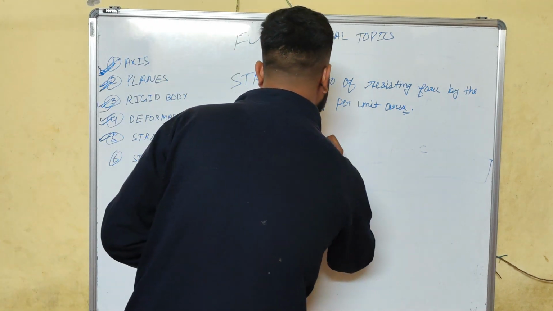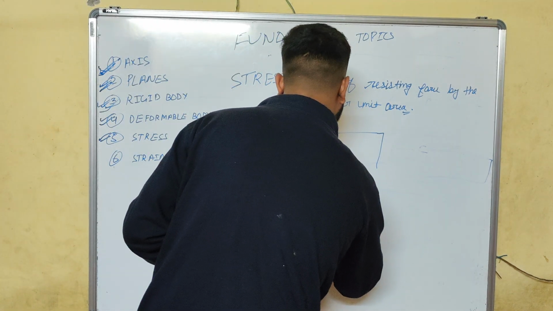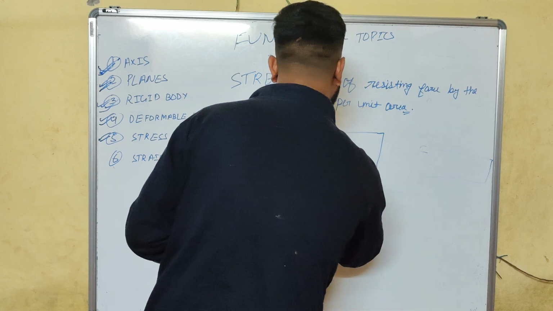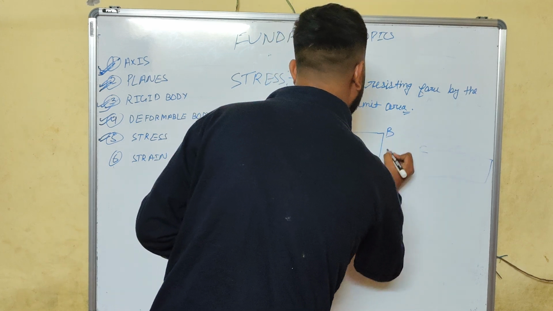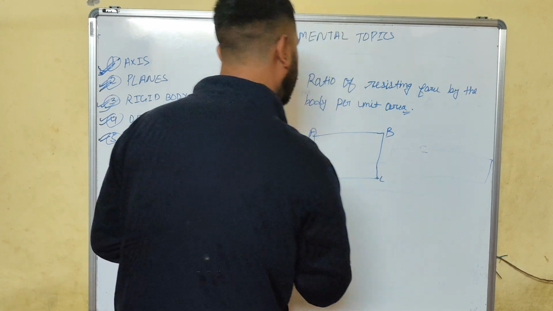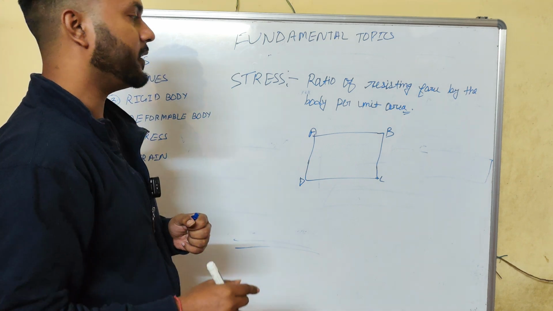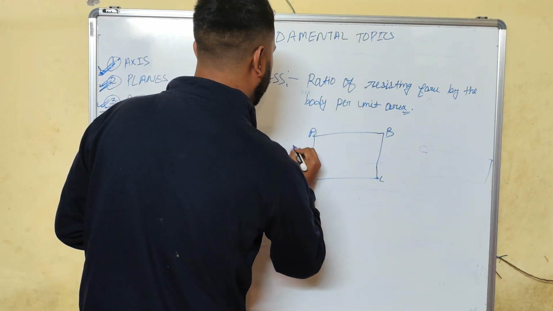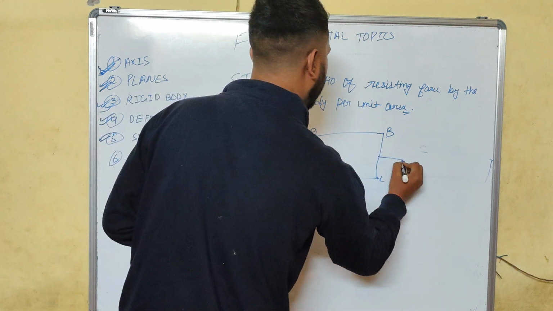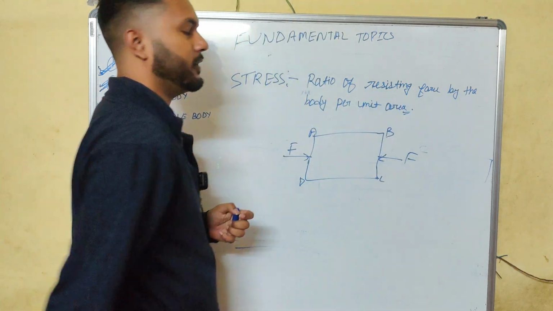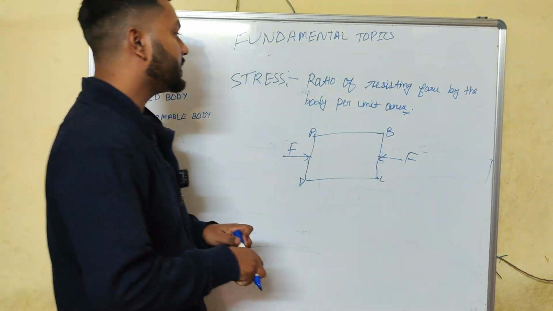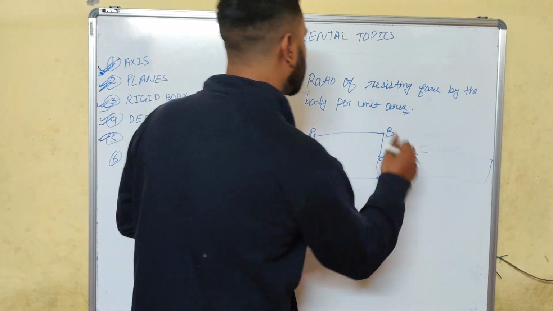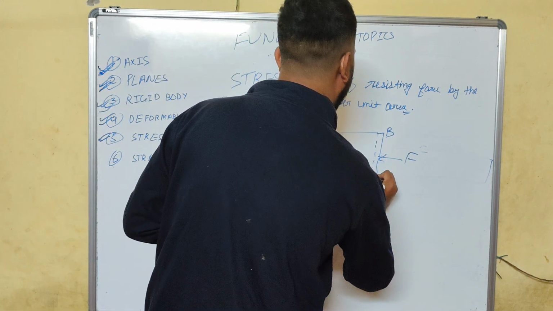Suppose we have a body, A, B, C, D, considering a single plane, that is the XY plane. Suppose I applied a force F. So what will happen? This body will get deformed.